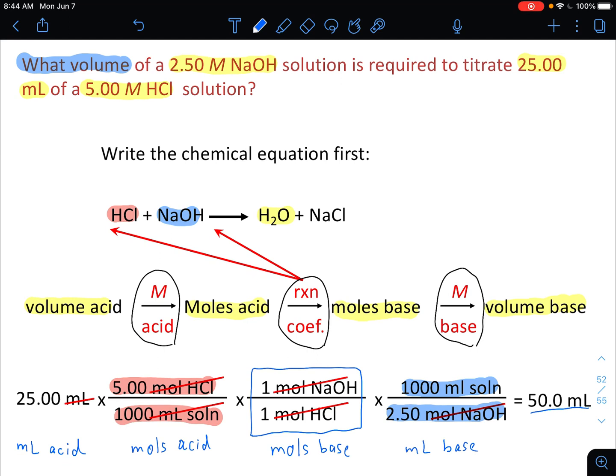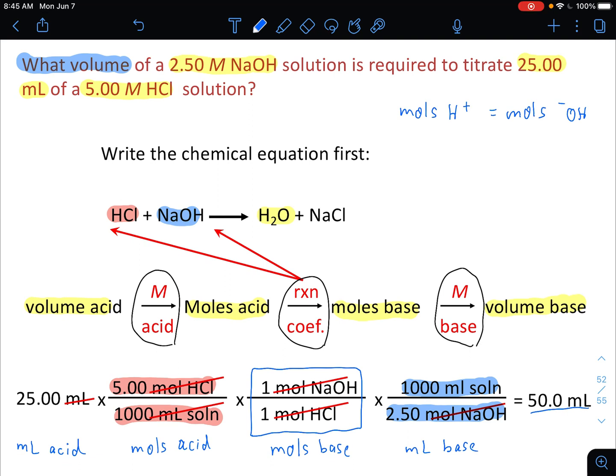And remember, this still goes back to the same fundamental idea that if we're going to neutralize, it means the moles of H plus must equal the moles of OH minus. So whichever one we're adding, we need to make sure we add an amount that matches up with what we're trying to neutralize, I should say.